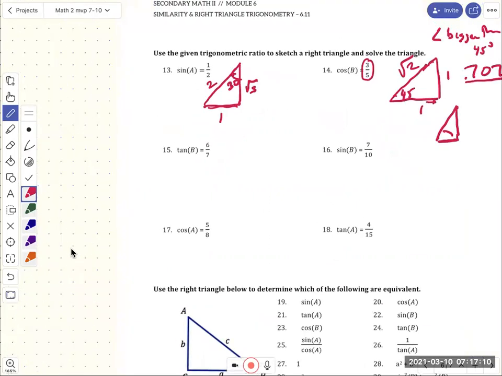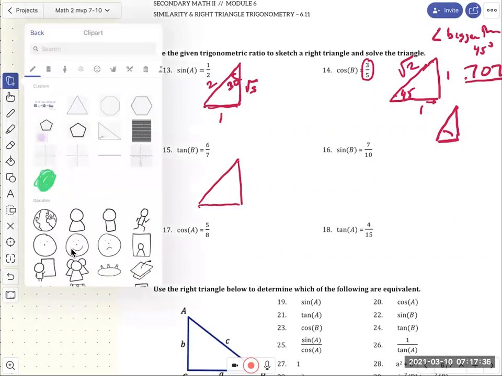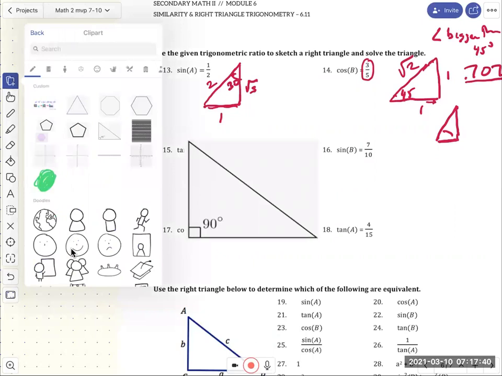So tangent is 6 to 7. This is one where you say, okay, 45 degrees, yeah, that's not good. If I had a 45 degree angle, I guess I should get that into the clip art. Okay, so I think there is one there.